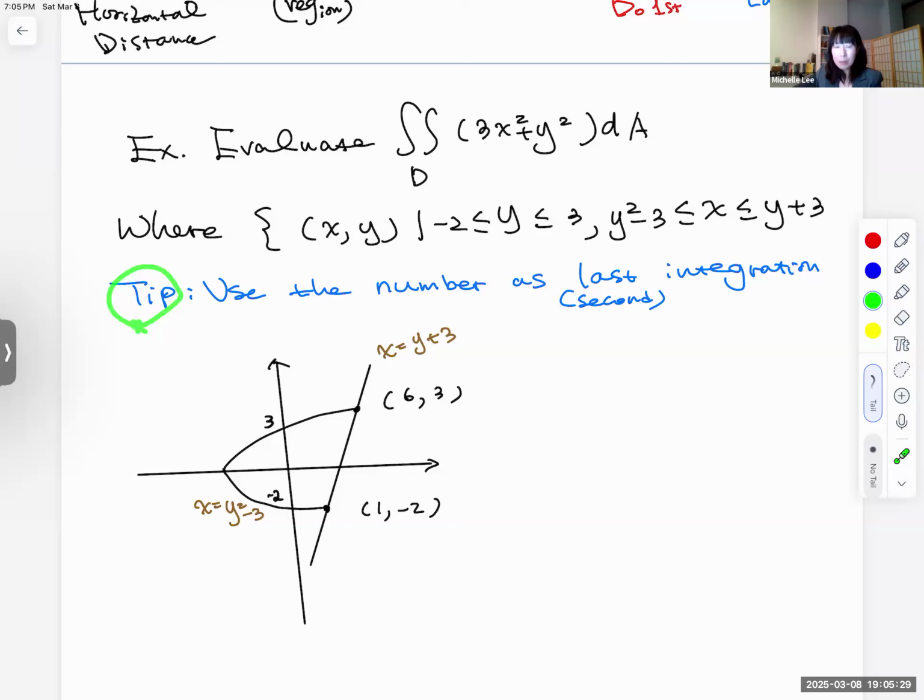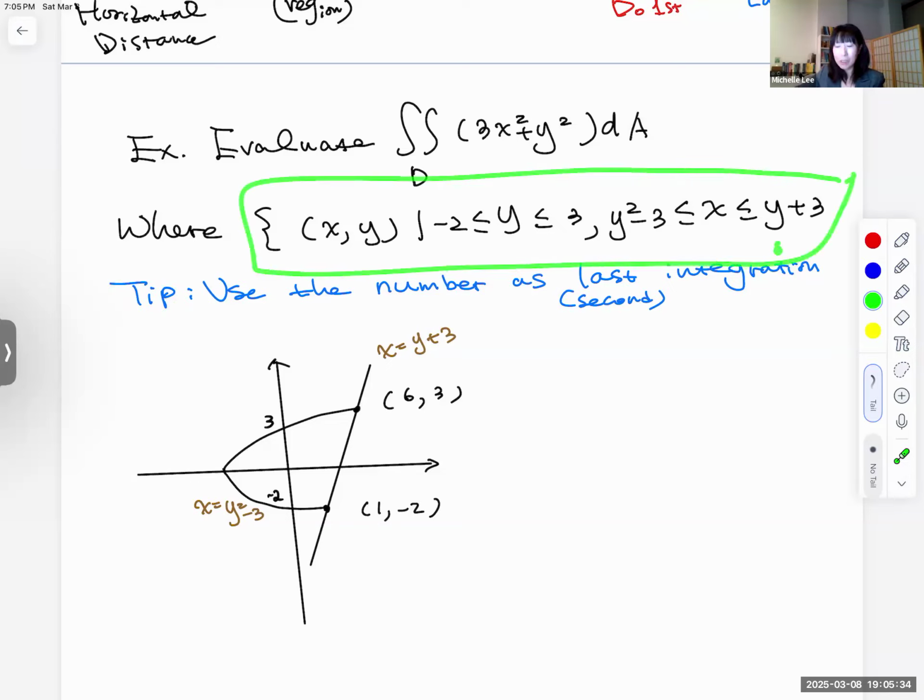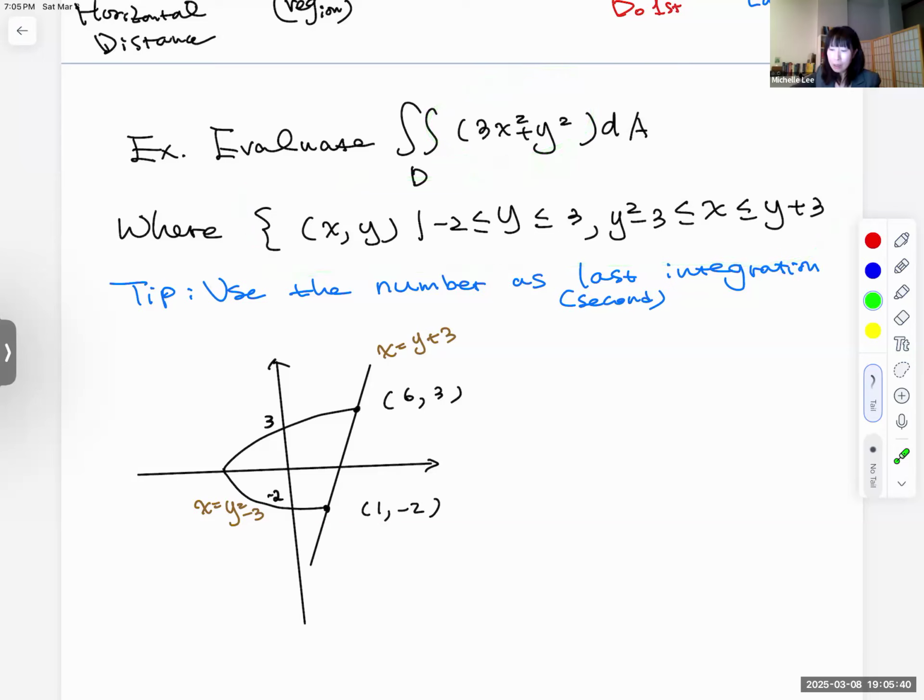I wrote down a tip. If we have this kind of given information from the surface, we cut the xy plane. Now this is a function, so it's better we integrate with respect to x first, and then later we substitute the numbers, and we can get the volume easily.